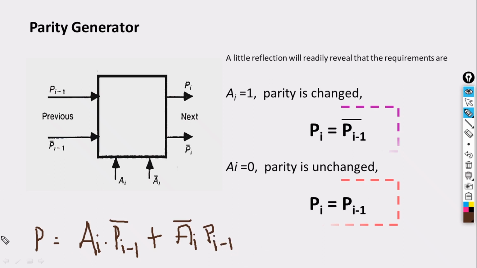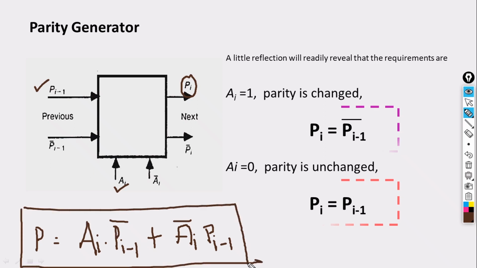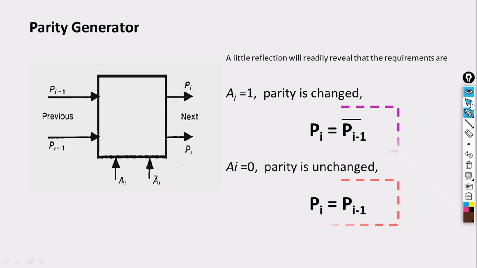So there will be an XOR operation, because it is totally dependent on this particular Ai pin and this particular Pi minus 1 pin. So based on these input values we are going to generate these particular blocks, and that final Boolean equation is what we can come up with. This is how it is going to be done.